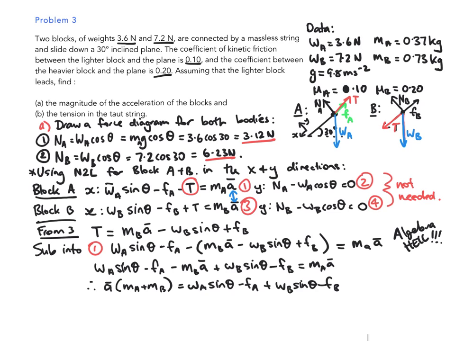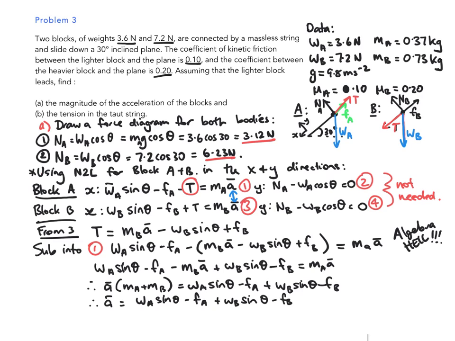Right, so then we finally get an equation for a, because this is what we're looking for. So a, if we divide through by m_A plus m_B, all I've done here is try to get the acceleration by itself, equals W_A sine theta minus F_A plus W_B sine theta minus F_B.